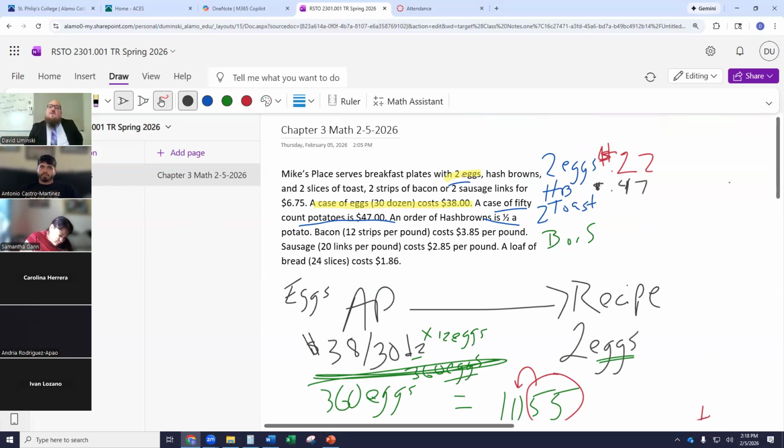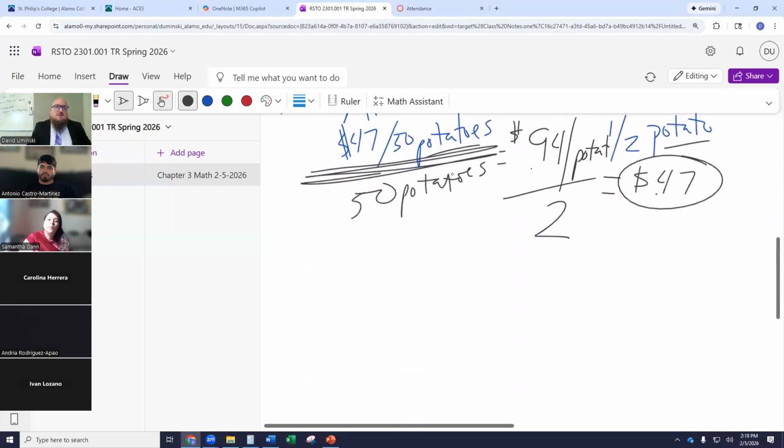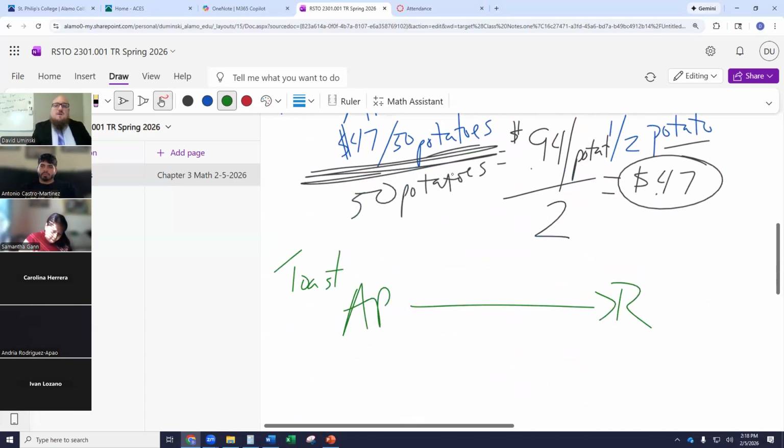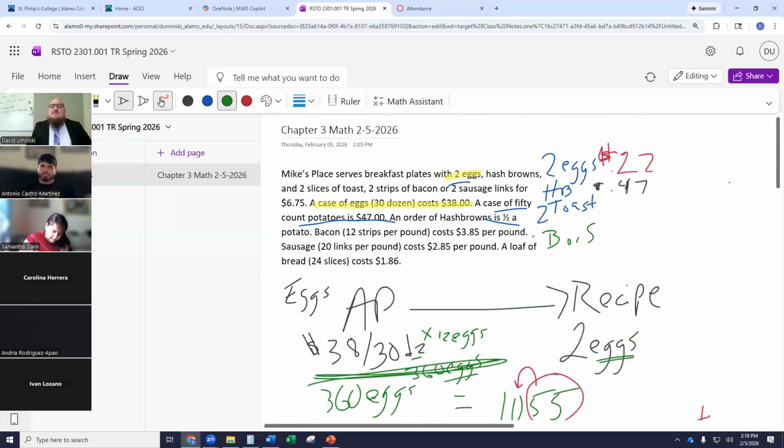All right, let's do toast next. We start with AP to recipe. My as purchased for bread, a loaf of bread is 24 slices. That's $1.86. And my serving size is 2 slices.